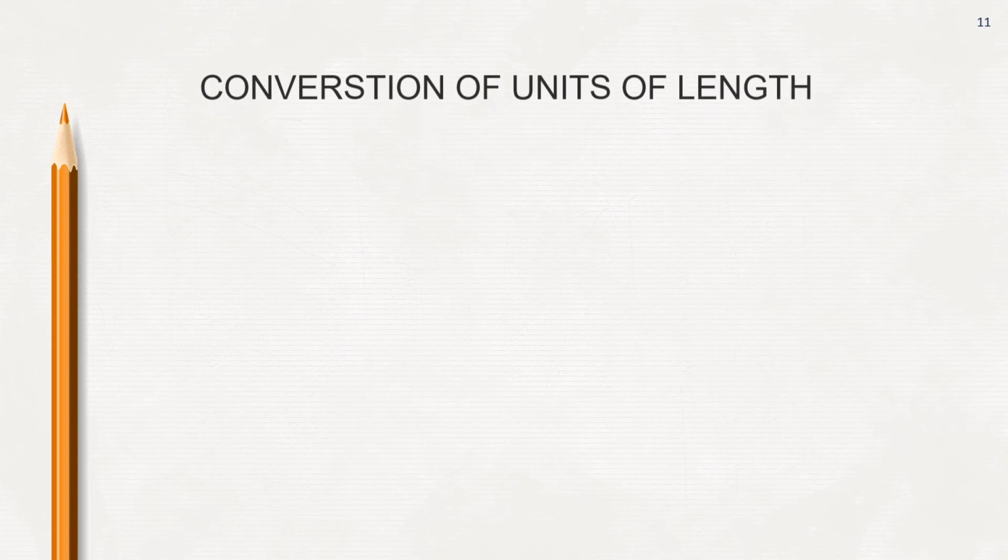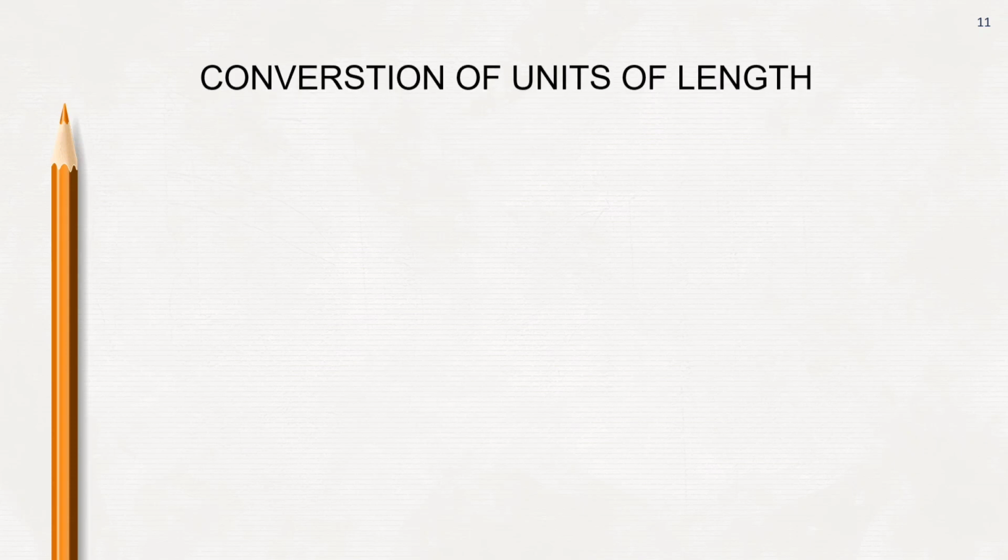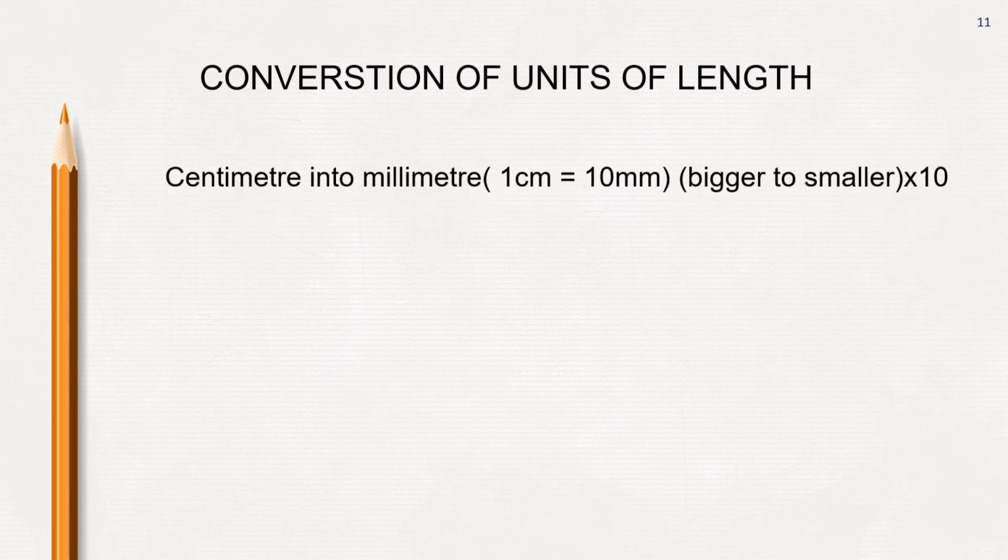Next, let us understand to convert the units of length. Means from one unit to another unit, from centimeter to meter, meter to centimeter, like that we can convert the units of length. First, let us convert from centimeter to millimeter. As we learned, 1 centimeter is equal to 10 millimeter.